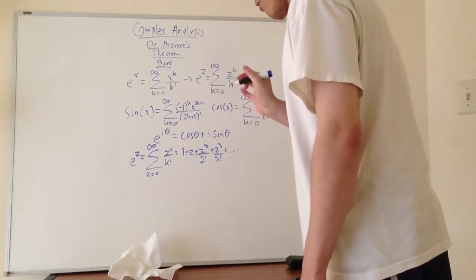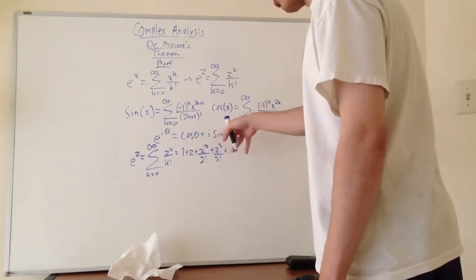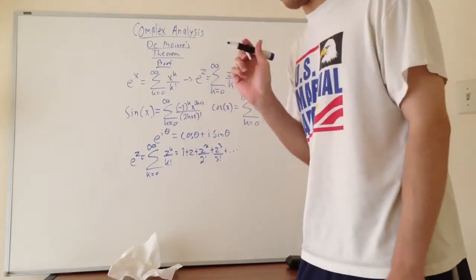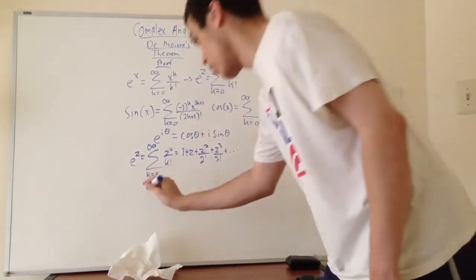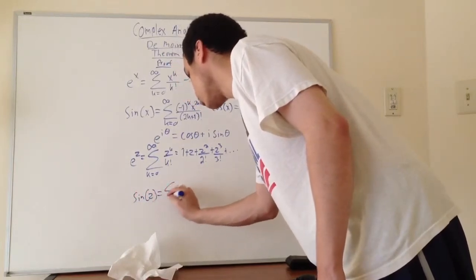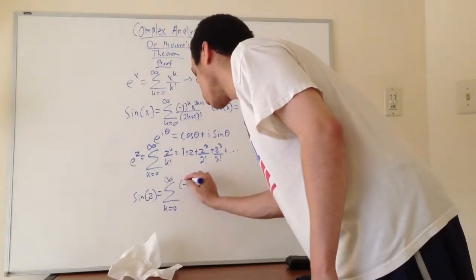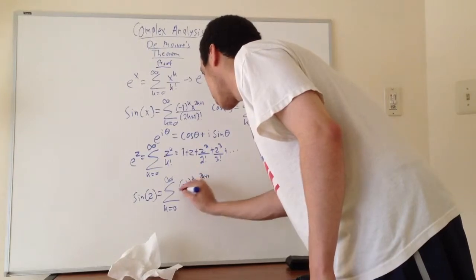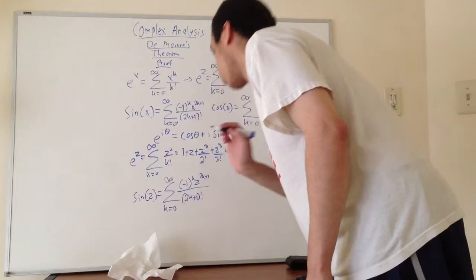Now for the sine part, for sine theta, I'm actually going to replace the theta with a z, and I'm only going to do this for sine. So sine of z is equal to the sum as k goes from 0 to infinity of negative 1 to the k times z to the 2k plus 1 over 2k plus 1 factorial.